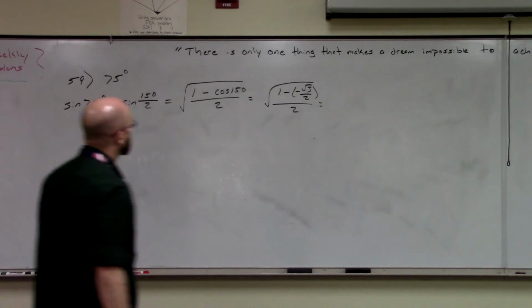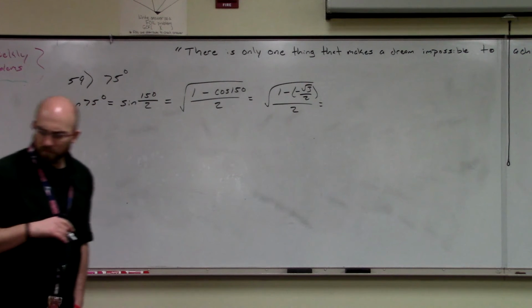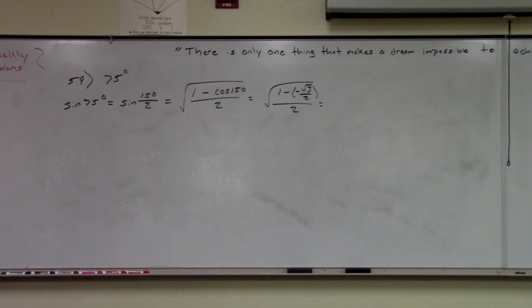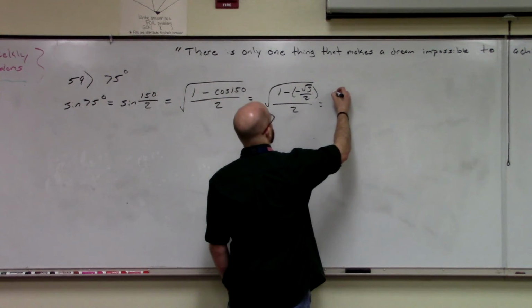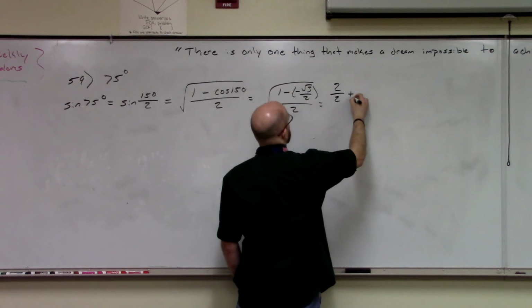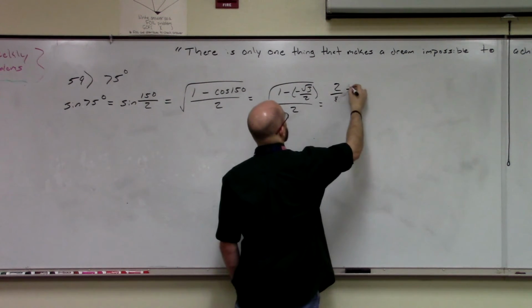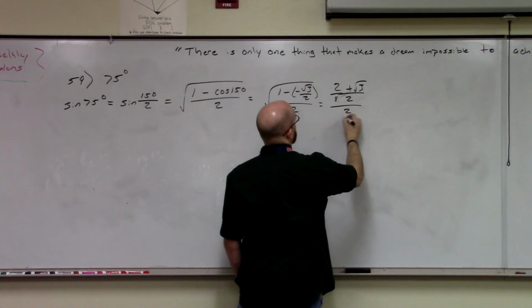Which therefore we get 2 over 2. So we get 2 plus the square root of 3 over 2, all divided by 2 over 1.